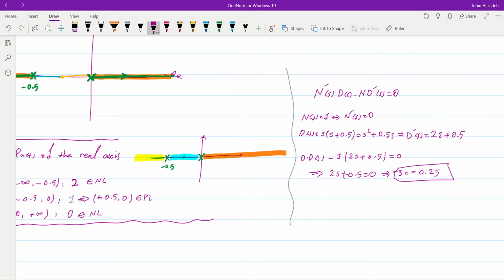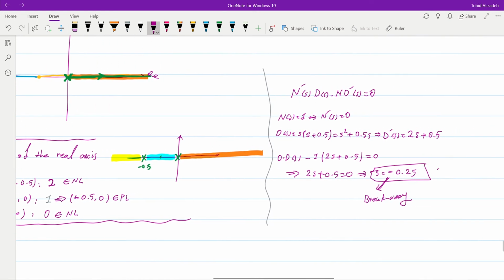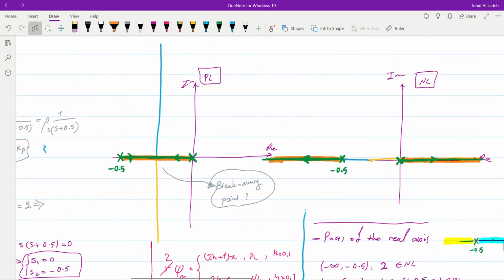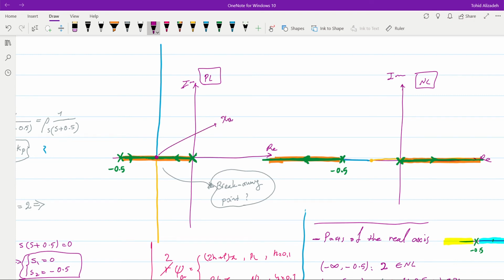So we see that the breakaway point is equal to minus 0.25. This belongs to the positive locus because that segment of the real axis belongs to the positive locus, and it will be a breakaway point because we already had discussed it, yeah? So the breakaway point will be this point.